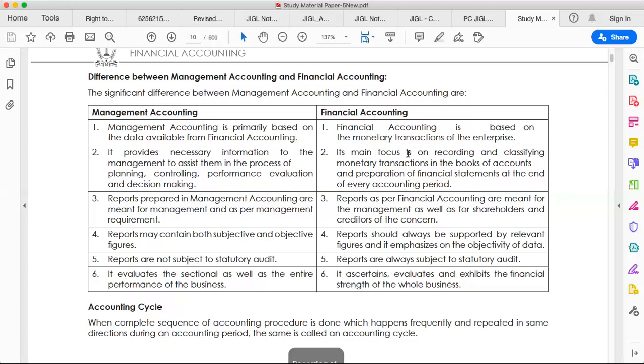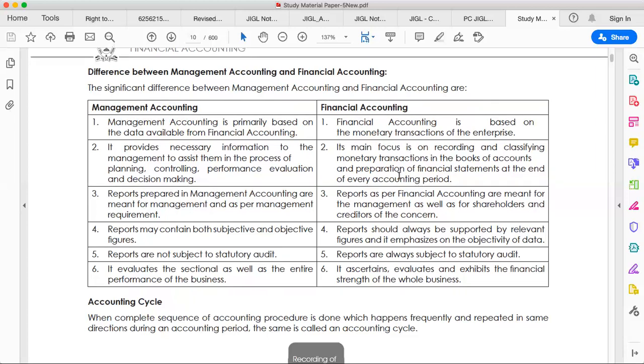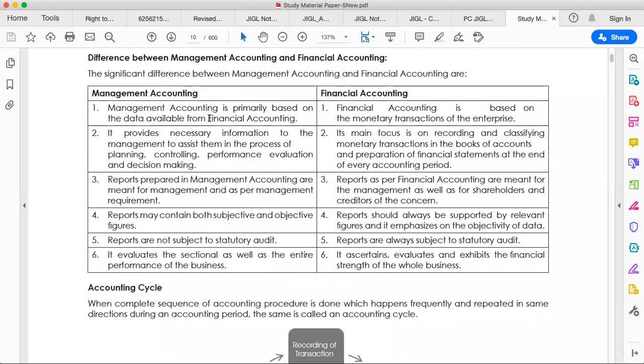There won't be any data for a particular department. It will be total sales, total purchases for the whole 4 departments, total expenses, total incomes. So in detailed form you can have it in management accounting, but financial accounting will always be a summary for the whole business. This was the difference between bookkeeping, accountancy and management and financial accounting.